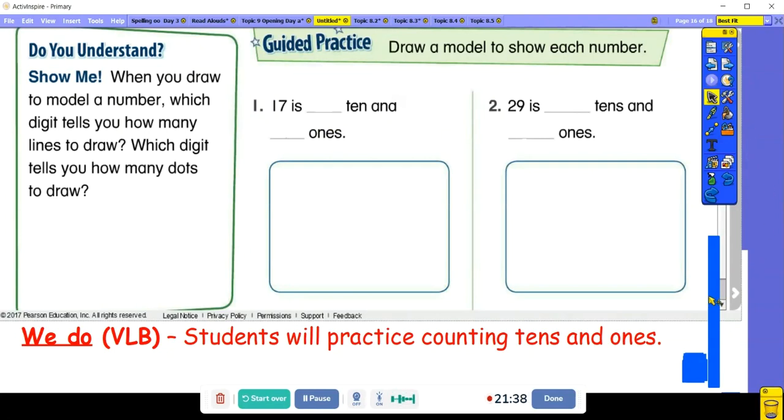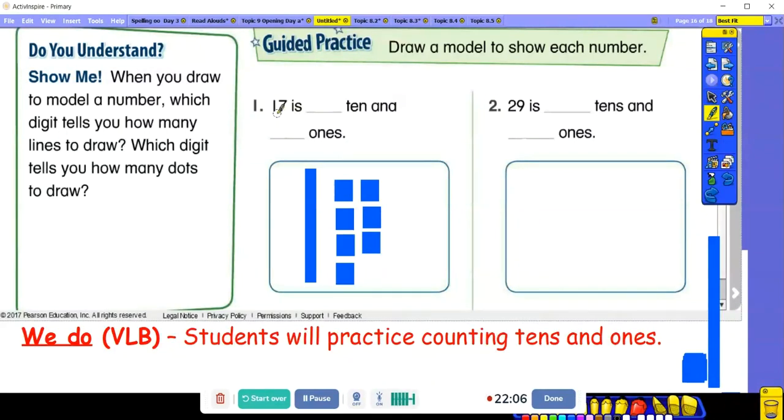So if I'm going to build that, I'm going to start with 10, 11, 12, 13, 14, 15, 16, 17.